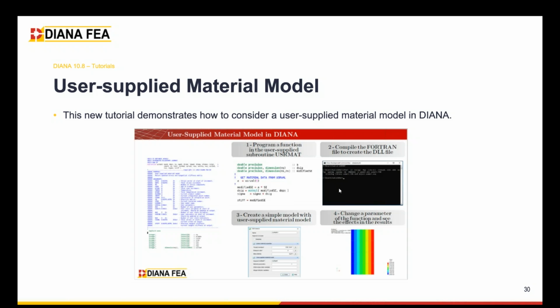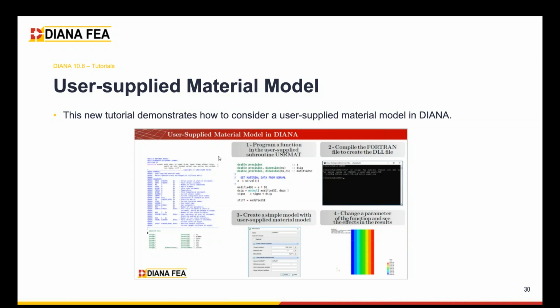Now I will conclude this presentation talking about the tutorials and documentation. We have 4 new tutorials. The first one is about user-supplied material model. This is a very simple tutorial that demonstrates how to consider a user-supplied material model in DIANA.